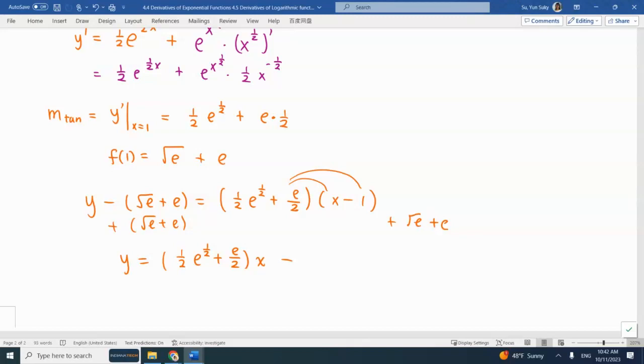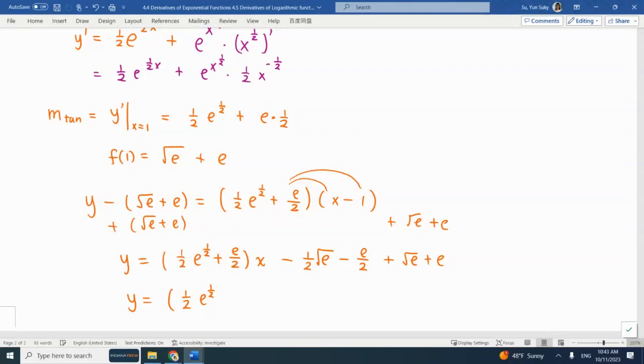Minus 1 times this guy is negative 1/2 e to the 1/2, which is the same as square root of e. And then minus 1 times e over 2. Is that okay, everybody? I use this whole thing times x minus this whole thing times 1. And I want to break the parentheses, so I get minus and minus. And I want to add this. So add square root of e plus e.